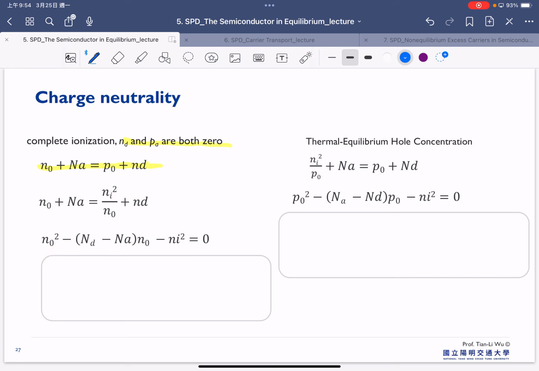And therefore right now we have the solution for n0, which will be equal to this.